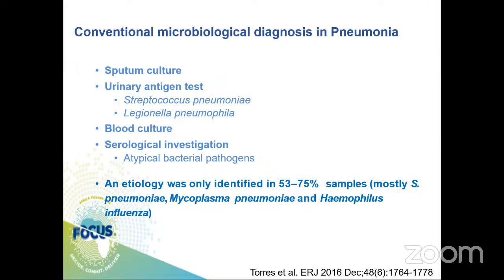Another conventional way is through blood culture, serological investigations, and some other tests that I did not put here. But when you look at the etiology, based on this study, only 53 to 75% of the samples were identified, mostly Streptococcus pneumoniae, Mycoplasma pneumoniae, and Haemophilus influenzae.